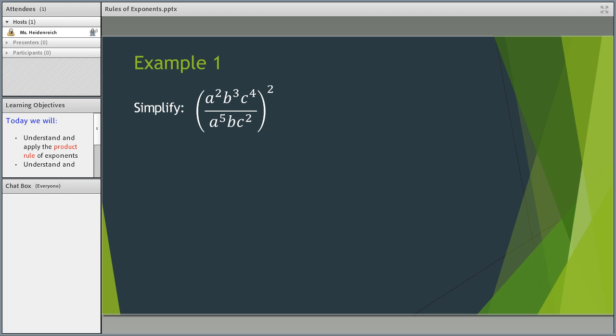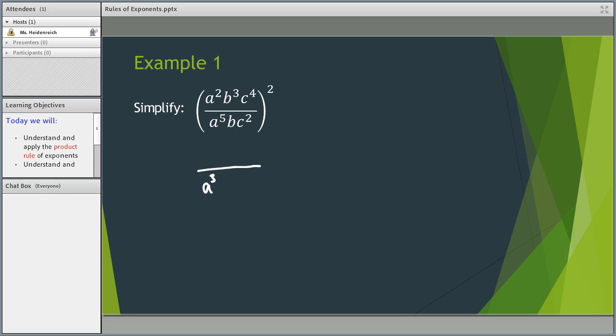So starting with the A's, I have 5 A's in the denominator and 2 in the numerator, if I were to imagine that written out. So that leaves me with, once I cancel things out or divide things out, 3 A's in the denominator because 5 minus 2 is 3. But I had more A's in the denominator to begin with.